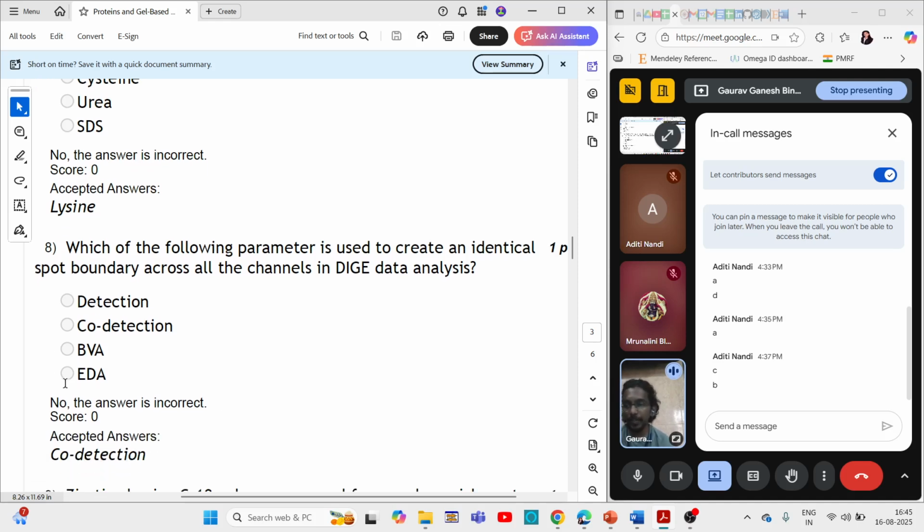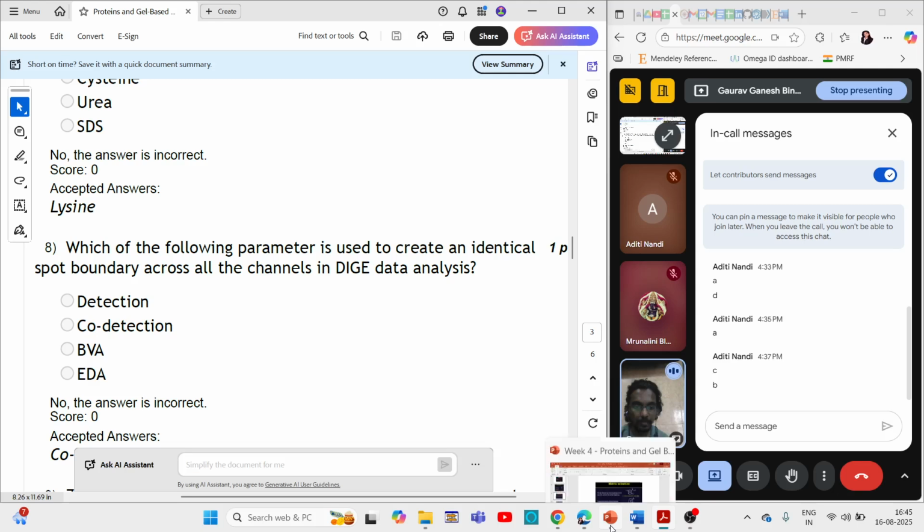whereas these are different approaches which we cannot use. As the question is about creating an identical spot boundary, when there is one sample, only then a spot boundary can be created.